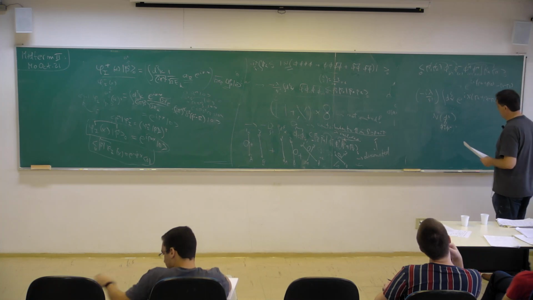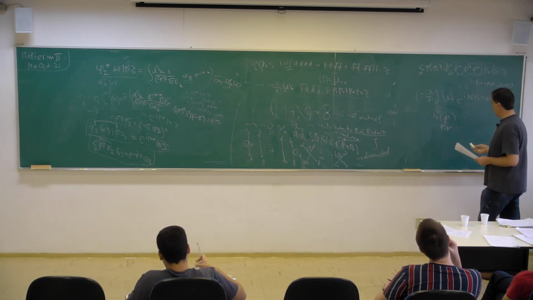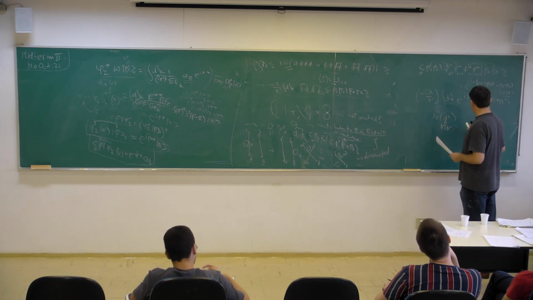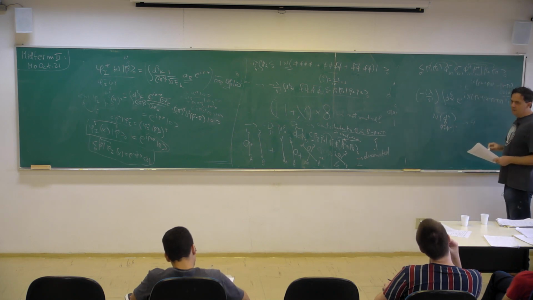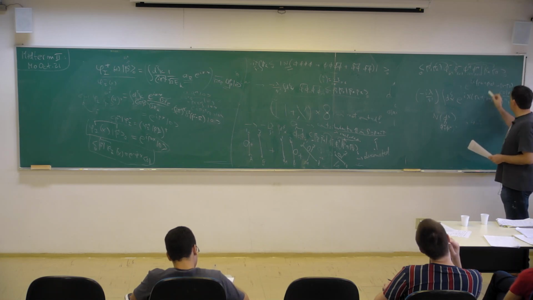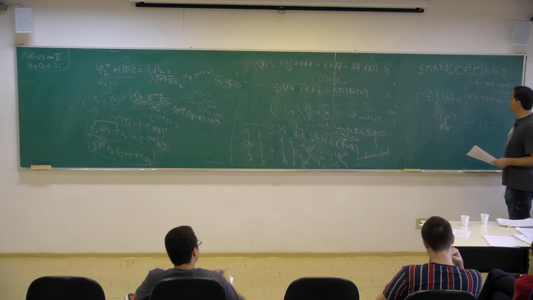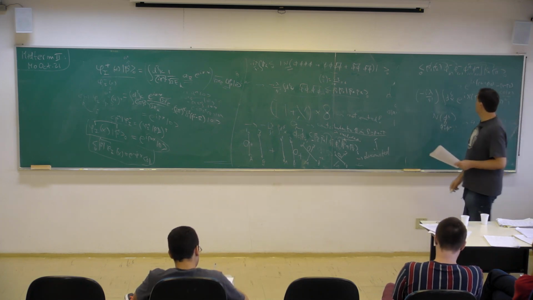How do I make the contraction? In here I have 4 phi's, and so I can pick one of them out of 4 to make a contraction with A. Then I can pick one out of 3 to make a contraction with B. Then I can pick one out of 2 to make a contraction with 1, and 1 remaining to make a contraction with 2. So that's 4 factorial, right?